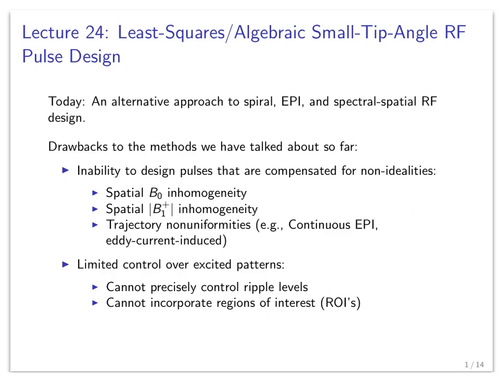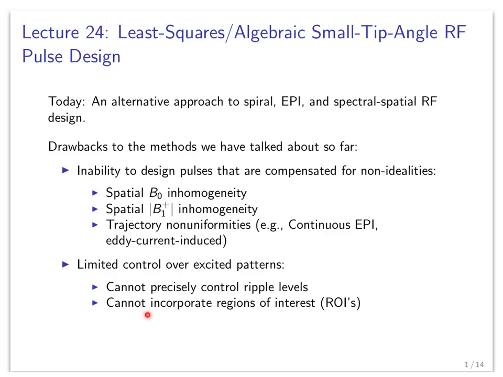Another problem with the classical methods is that you have relatively limited control over the excited patterns. Sure, you can define an analytic waveform that you want to excite, but you can't necessarily guarantee that the pulse you design is going to precisely hit that pattern. You also cannot generally precisely control ripple levels in the pass band and in the stop band.